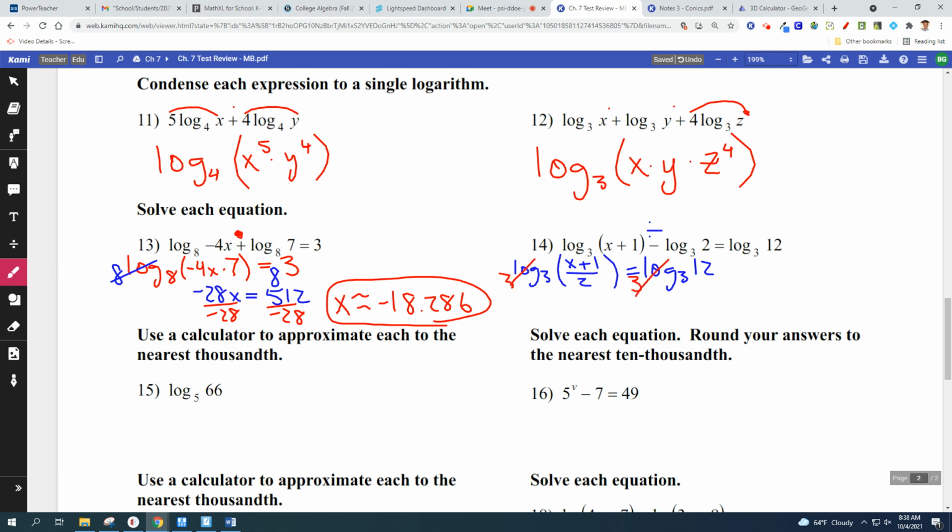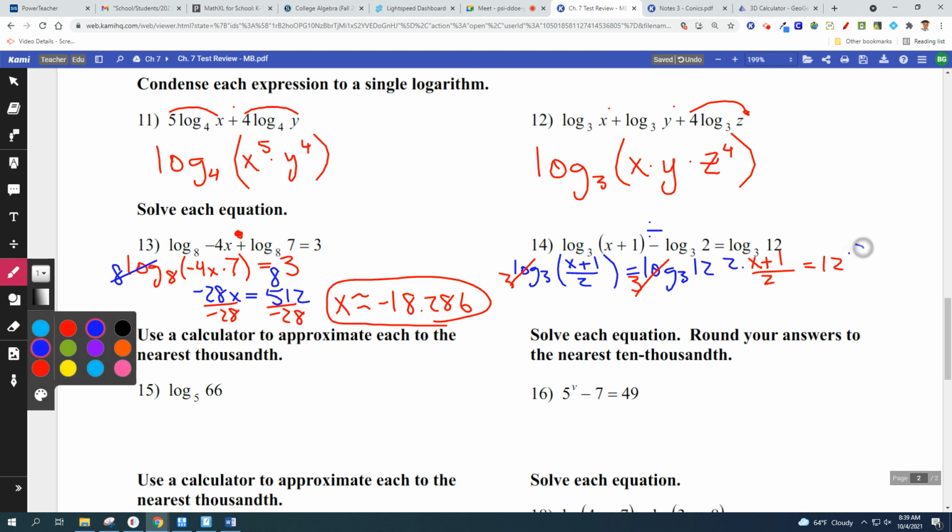So that's kind of nice. I would see x plus 1 over 2 equals 12, and I just do a solve. So times 2 times 2, x plus 1 equals 24. Subtract the 1, x equals 23.